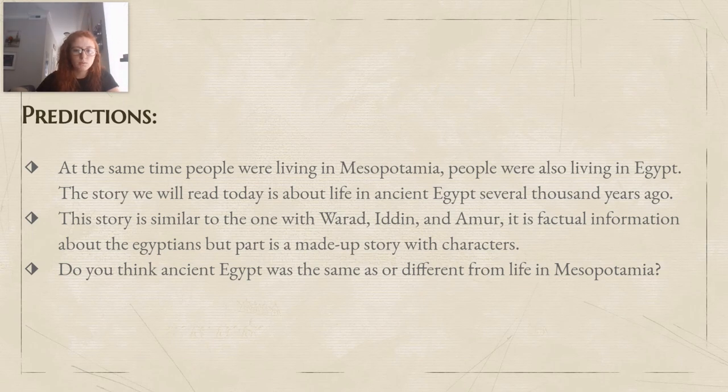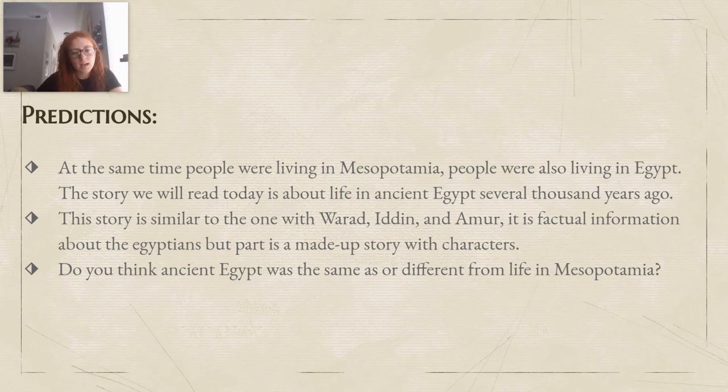All right, let's make some predictions. So at the same time people were living in Mesopotamia, people were also living in Egypt. The story that we will read today is about life in ancient Egypt several thousand years ago. This story is similar to the one with Wored, Idin, and Omor. It is factual information about Egyptians, but part of it is a made-up story with characters.